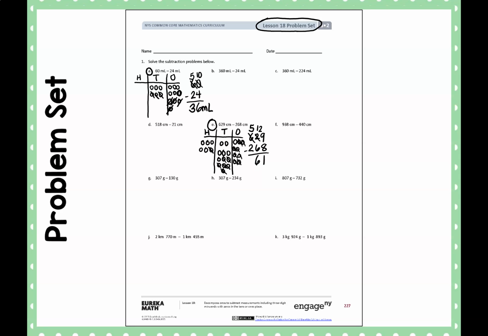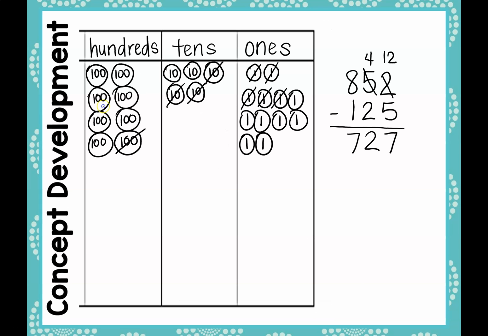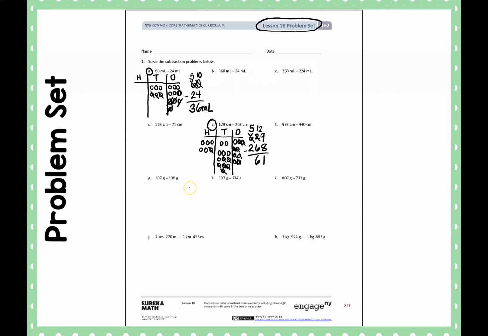All right, and last I have 500s. Can I take away 2? Yes, I can. Let's go ahead and cross them off. 1, 2. How many hundreds do I have left over? 3. So make sure you have it written down just like I do on your problem set.